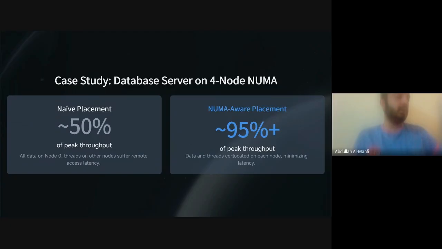With NUMA-aware placement, where data and threads are collocated on each node, the system can reach close to peak throughput.